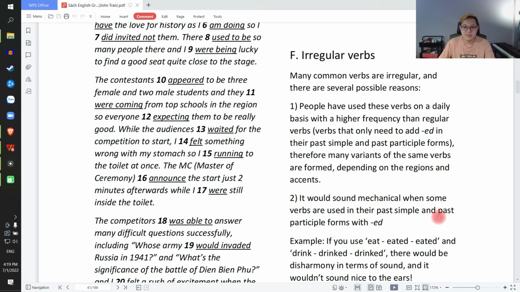Number two, it would sound mechanical. It would sound mechanical when some verbs are used in their past simple and past participle forms with ed. Nó có thể nghe là khá là máy móc và không có tự nhiên khi một số động từ được sử dụng ở trong cái dạng quá khứ đơn và quá khứ phân từ với cái ed.